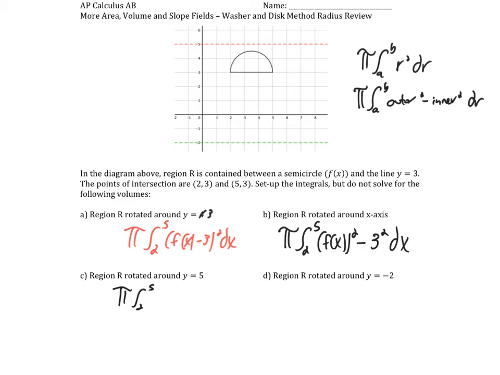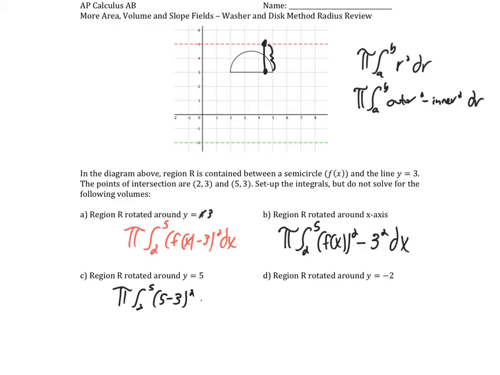I defined it as going from my axis of rotation to the furthest function, which in this case is the line y equals 3. So what's the distance between 5 and 3? You would find it by just doing 5 minus 3. So my outer radius is 5 minus 3, or 2, and then squared.